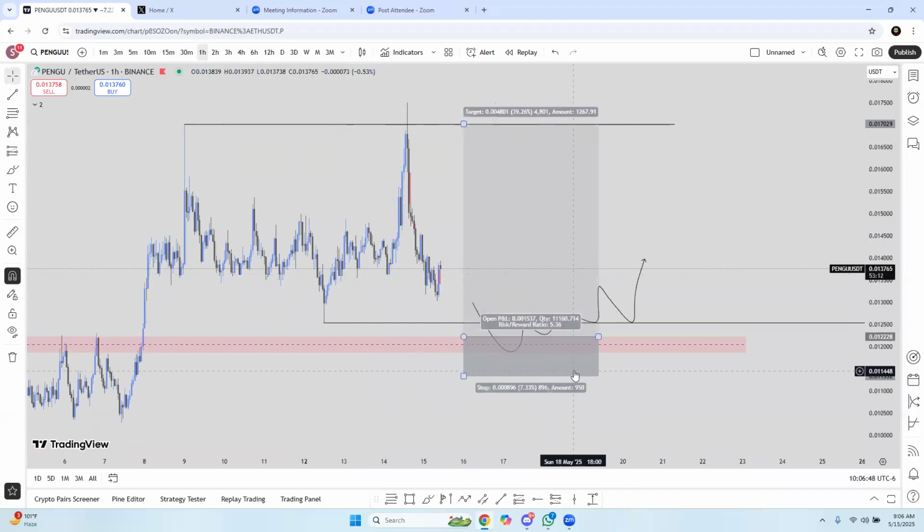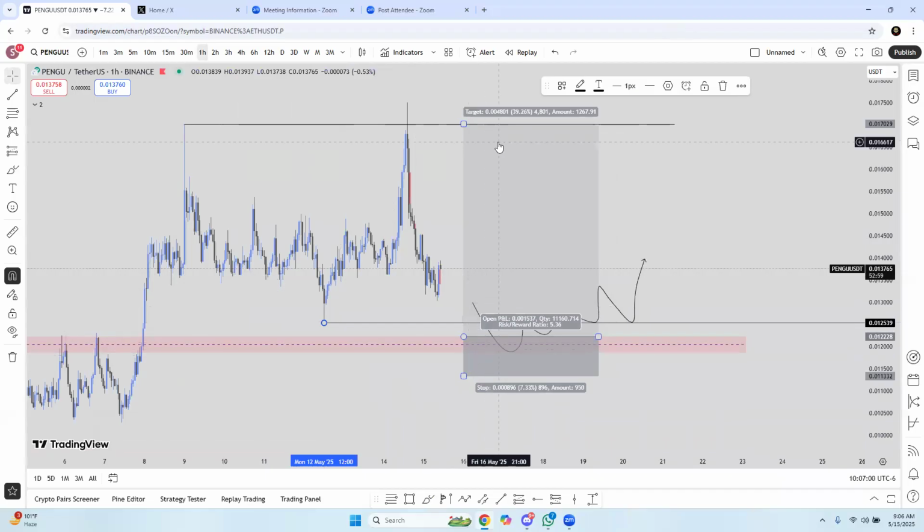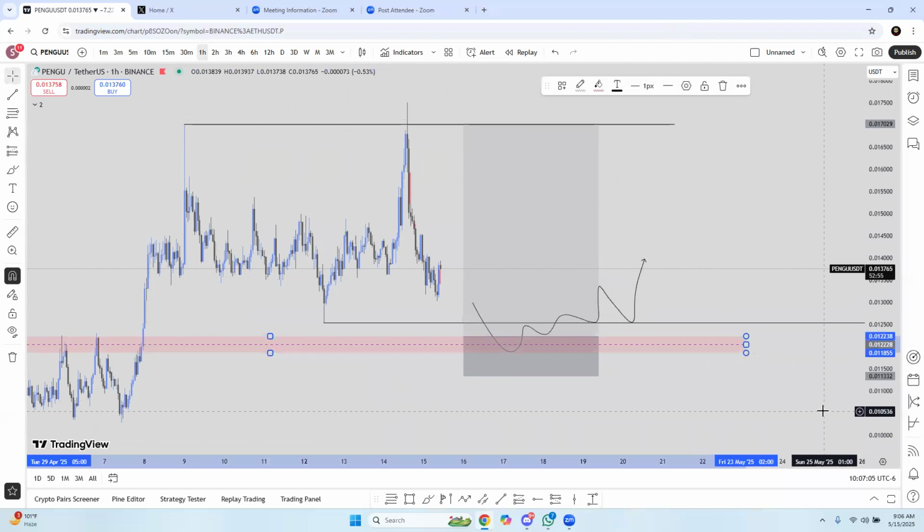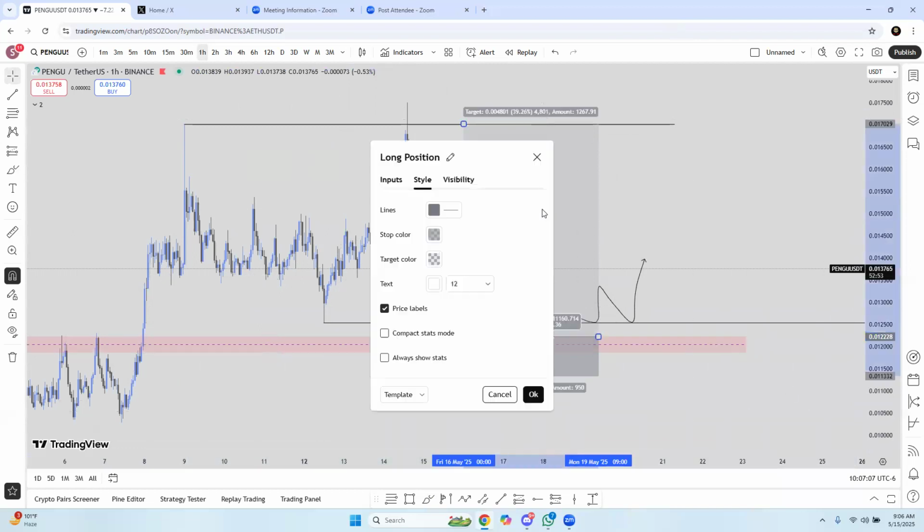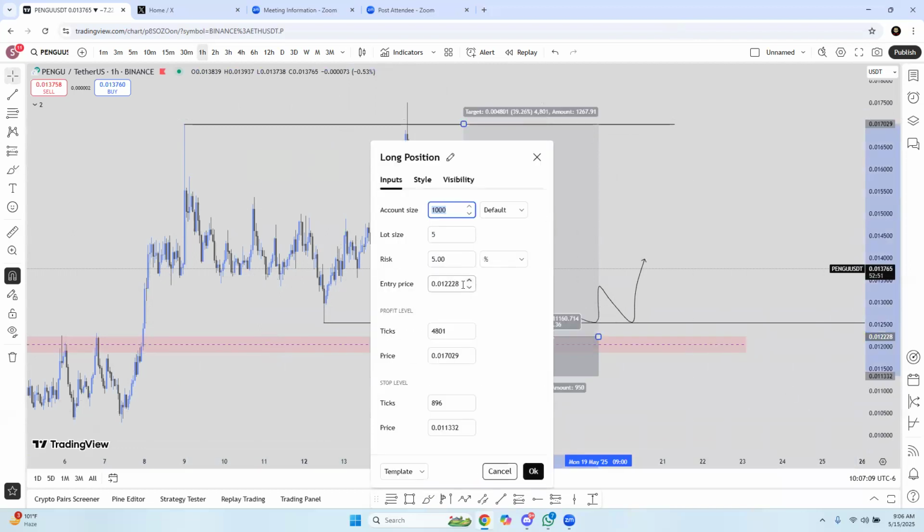And another idea on Pengu is this one. Look at this zone. If it accepts above this level, then enter manually on it, and stop should be somewhere below here and target it. Keep 1 to 238. This is the exact limit. 2 to 38.